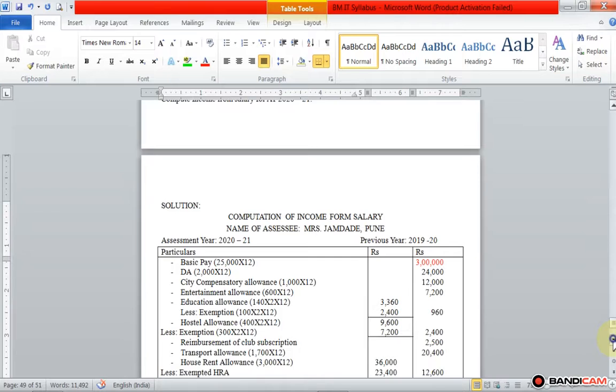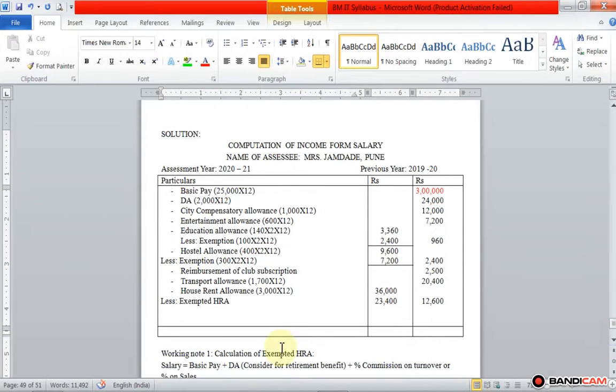Interest credited to RPF is exempted up to 9.5%.